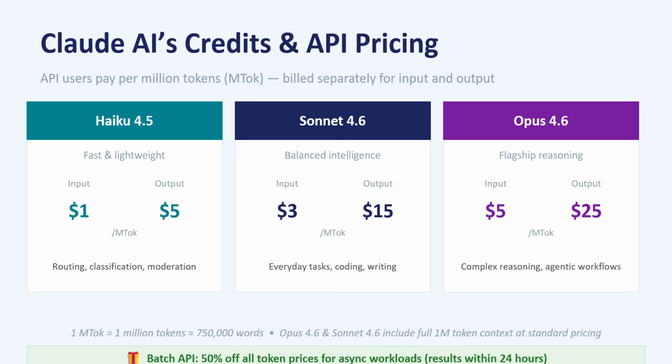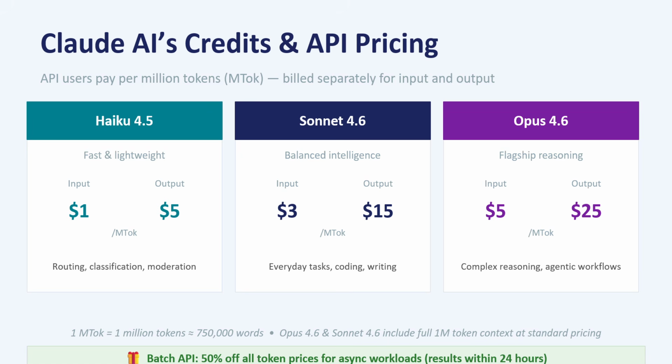That's why the output cost is extra for charging purposes. For Haiku, if you want a fast and lightweight response, the input cost will be $1 per million tokens, and the output cost will be $5 per million tokens. This can be used for routing, classification, and moderation of your input data.